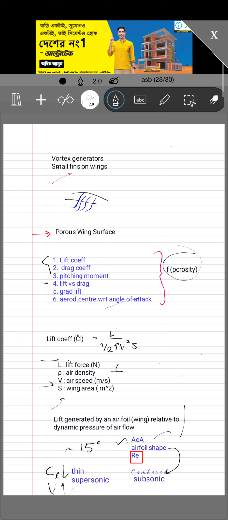The airfoil shape is also very handy: a cambered shape, that means a curved shape, is valid for subsonic, that is low speed, aircraft, whereas where we require very high speed, as in jet aircraft, we need to have this CL low, and there is an increase in speed. You can see that this CL is inversely proportional to this V. So the higher the speed is, the lower the CL will be.